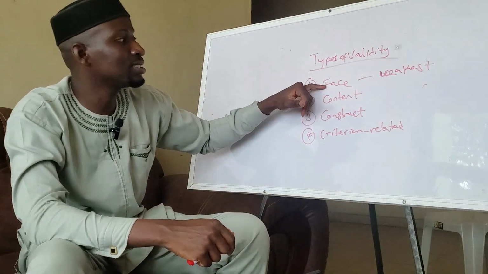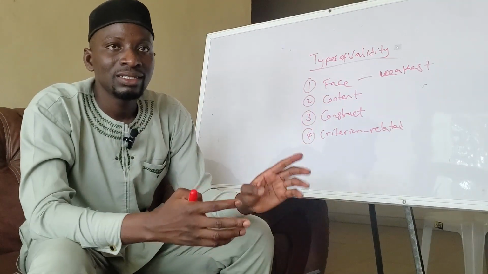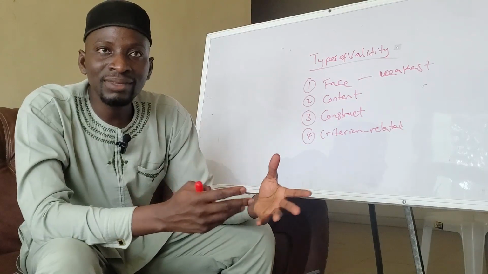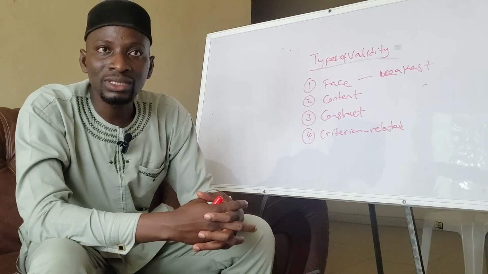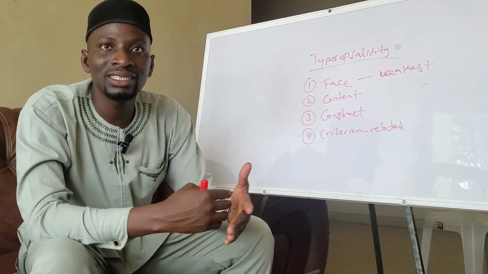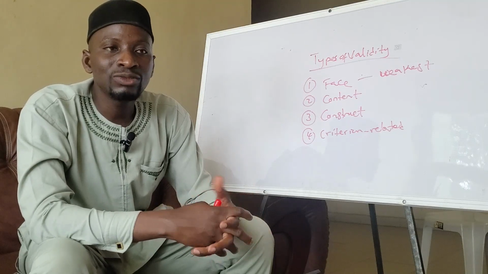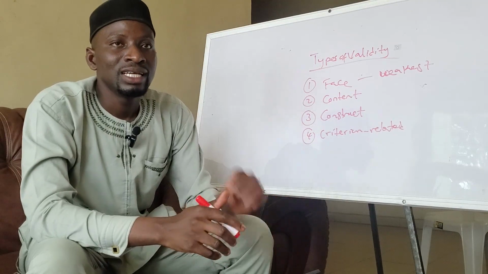So when we say face, how that test looks structurally, in terms of arrangement, ambiguity. A test that is ambiguous lacks face validity. A test that is arranged in a way that it will not create confusion is face valid.